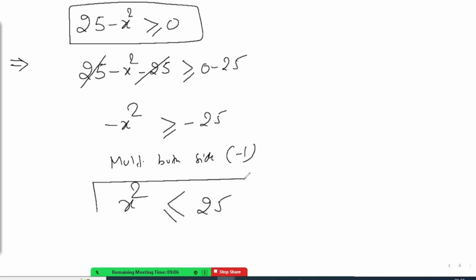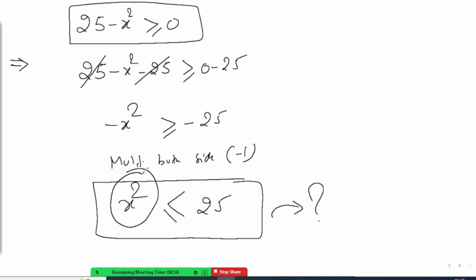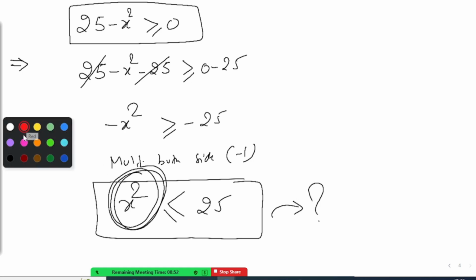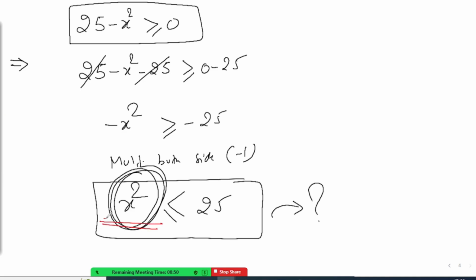Now again, what will be the next step? Now x square is less than or equal to 25. I want to comment on x, not x square. So how to comment on x if I know the condition on x square? You root it. So what will be the change in inequality?